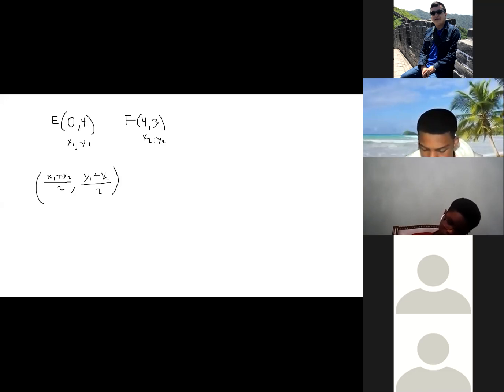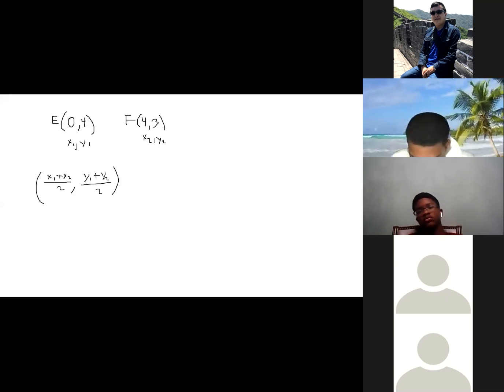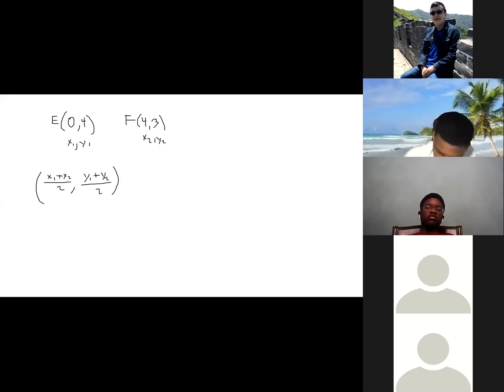What if I get a half? You mean what if you don't get a whole number? Is that what you're asking? Yeah. That's fine. Okay, then I got 2 and 2 and 3 fifths, 3.5, 2 and 3.5. Yeah, so that's the answer.